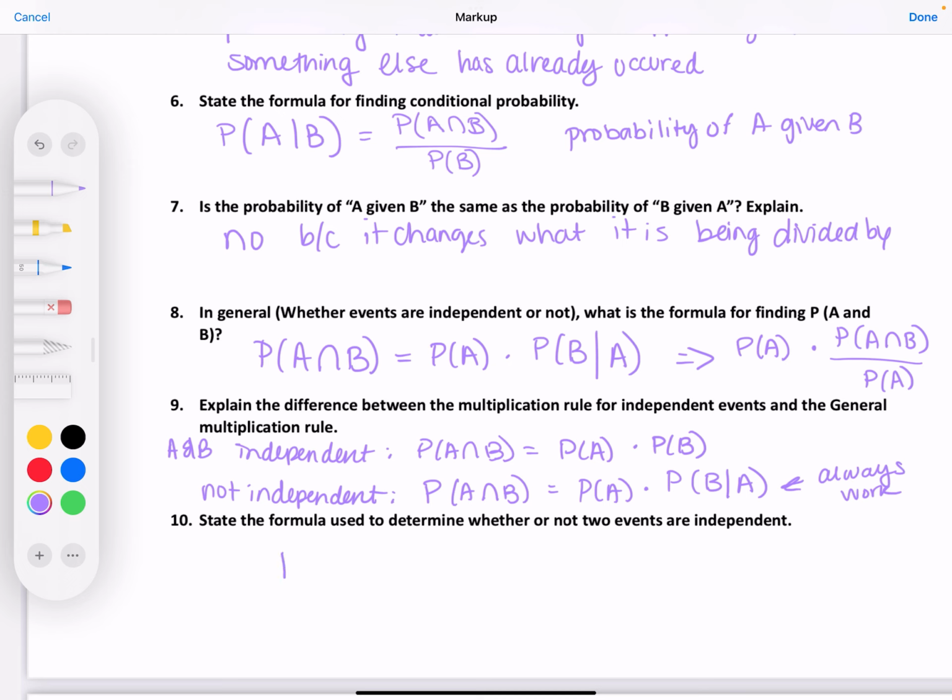All right, so it's the probability of B given A is equal to the probability of B, or we can also write it as the probability of A given B is equal to the probability of A. So you just have to show that the given condition is equal to the original probability, because that shows that they don't change each other.